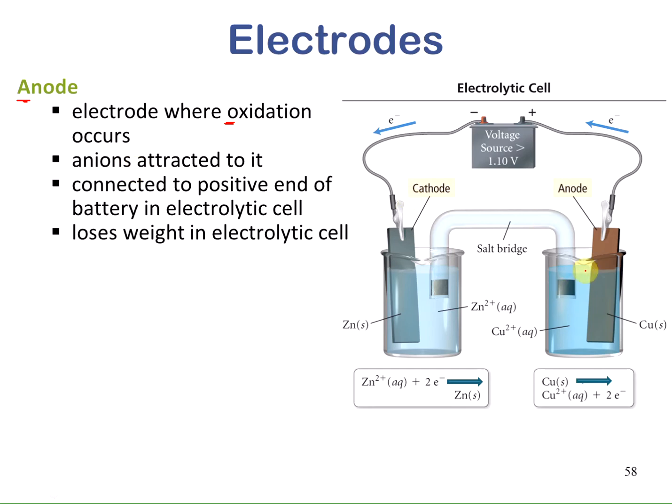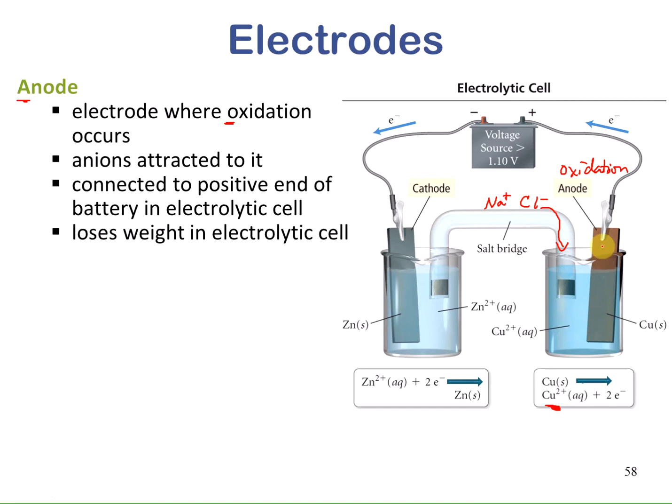So at the anode here, where we have the oxidation, and you're producing a lot of copper 2 plus ions, the anions in the salt bridge, so I'm just going to make up a salt, so salt, sodium plus and chloride minus, the anions are attracted to the anode to make up for all the 2 plus ions that are being added to solution.